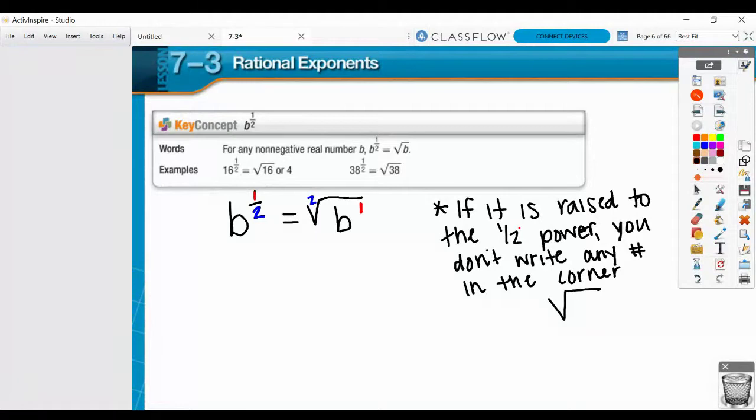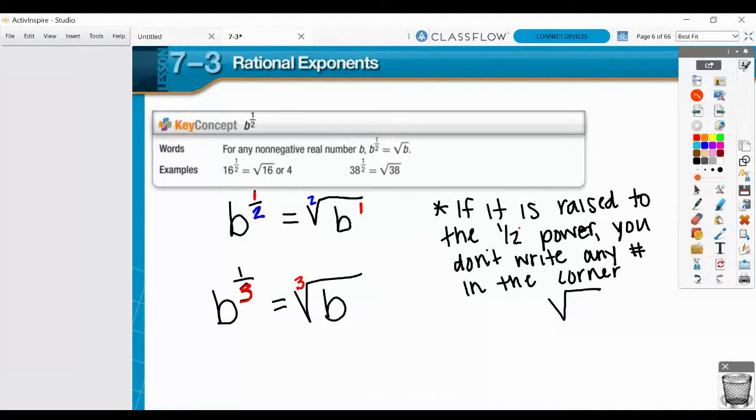But if it was, let's say, b to the 1/3 power, you would have the base underneath the radical, and then this 3 would have to be written over there in the corner.